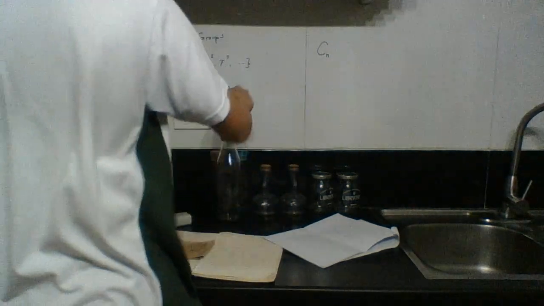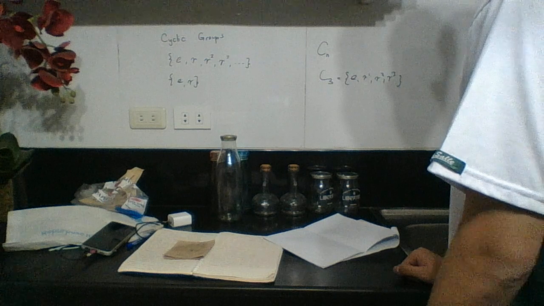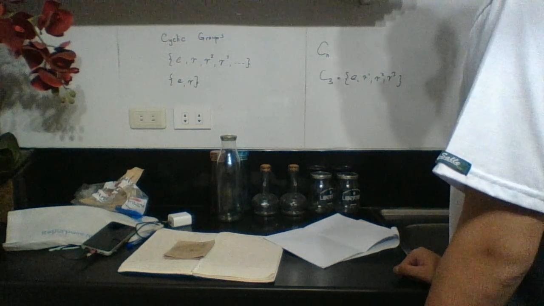So let's say I have a cyclic group of order 3. Let's say I have C3, which is E, R1, R2, and R3. Of course, you guys already know at this point, because it's cyclic, from the name, it must wrap back to E. So it gives us a notion of closeness.